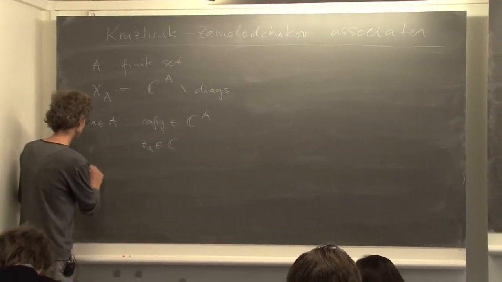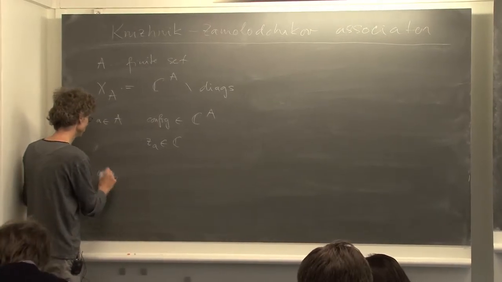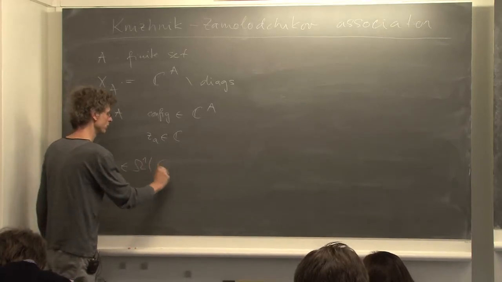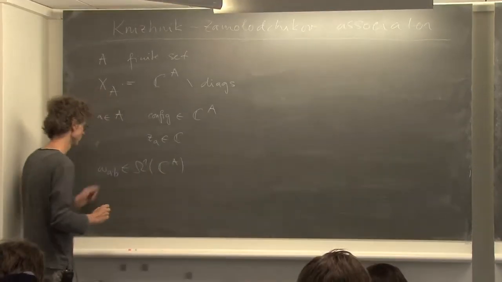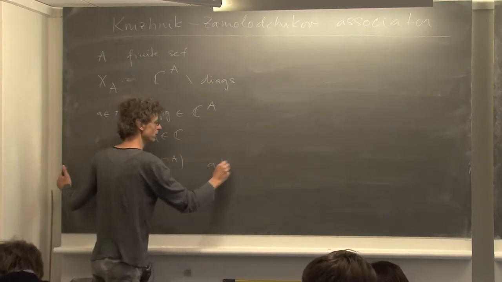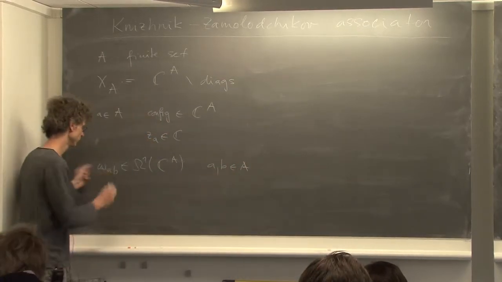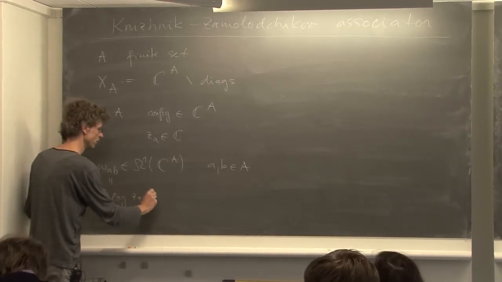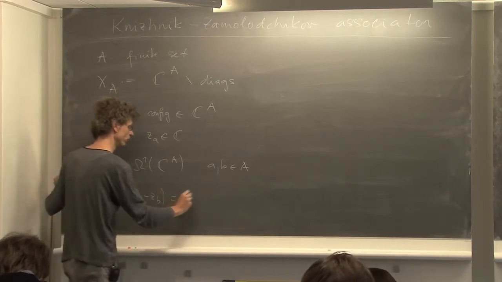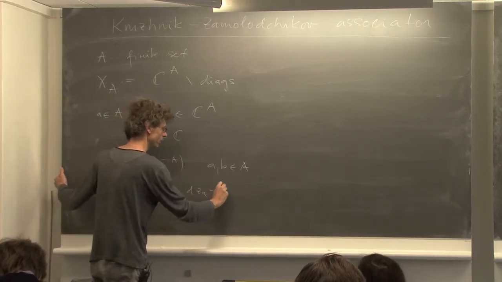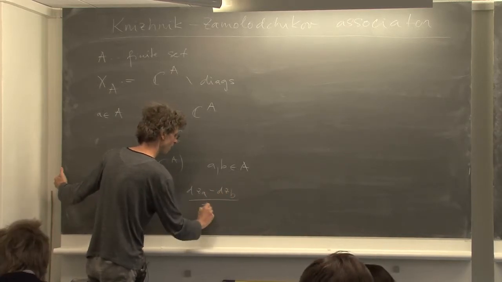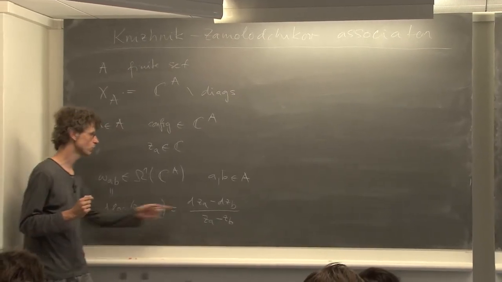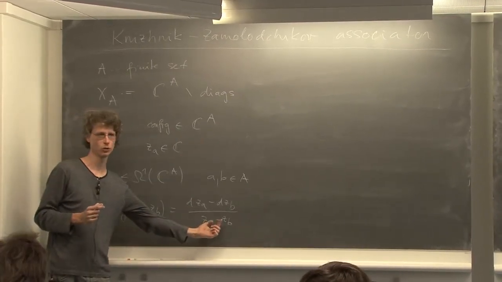And now there are some nice one forms, omega_AB, which are one forms on C^A for a, b in A, and they are defined simply as d log of (z_a minus z_b), or if you wish, (dz_a minus dz_b) over (z_a minus z_b). So it makes sense on this space because those points are not allowed to collide.